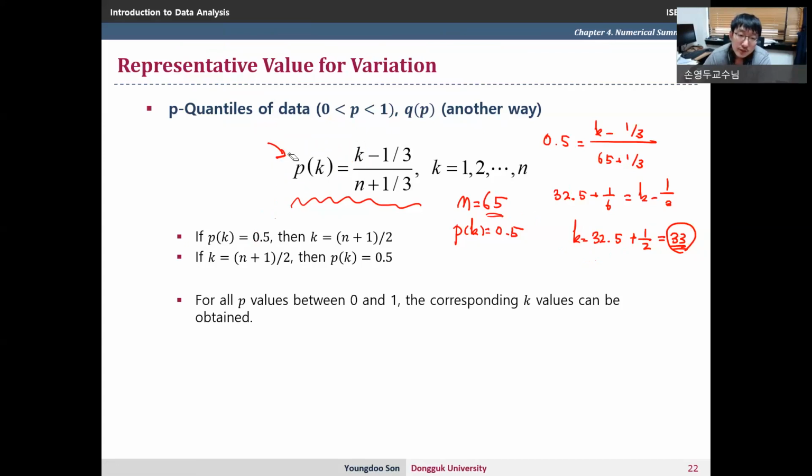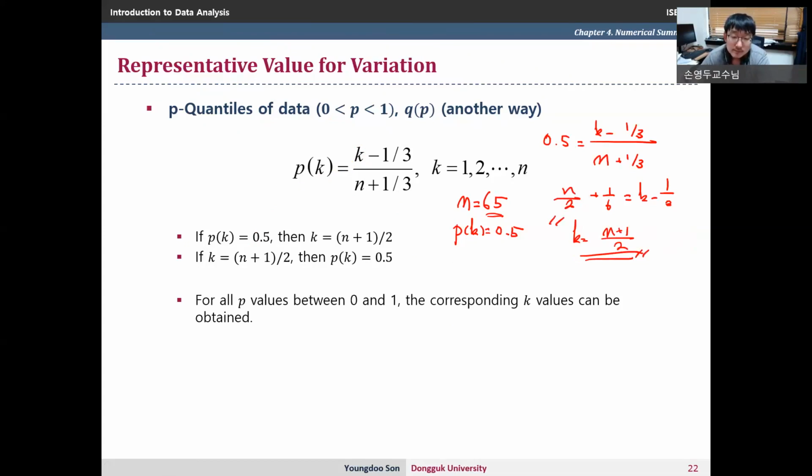So in general, if we put p equals 0.5, then k equals n plus 1 over 2. Okay? So we can get the same value as the definition of the median.